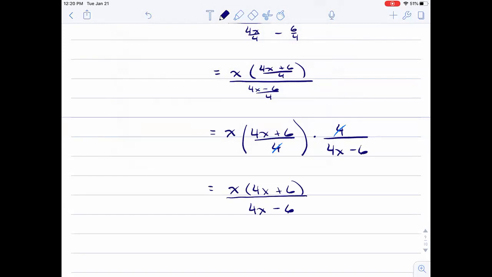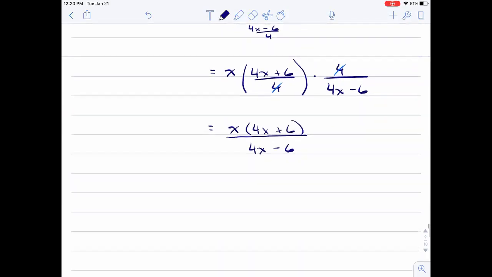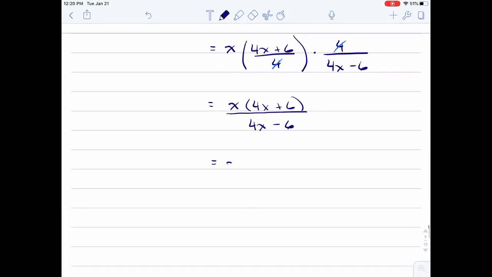There's still a little bit more that we can do to simplify this. Remember, simplifying was the name of the game. 4 and 6 have a common multiple of 2, so we can pull out that common multiple of 2, and we can rewrite this as x times 2 times 2x plus 3, divided by 2 times 2x minus 3.